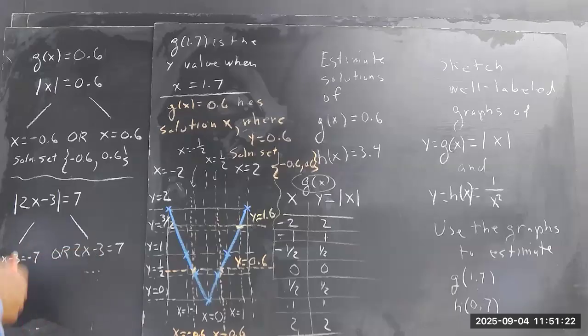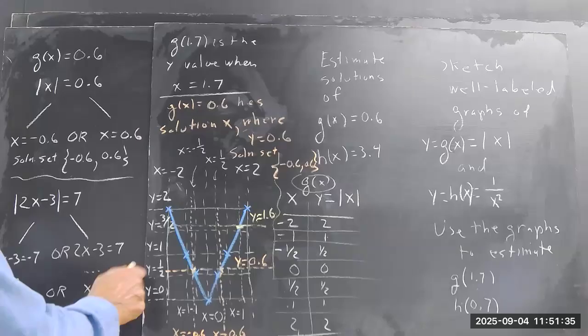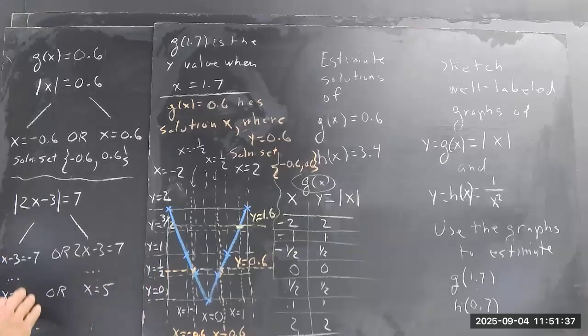You're going to add 3 to both sides, and divide both sides by 2, and you're going to get x equals 5, or x equals negative 2.